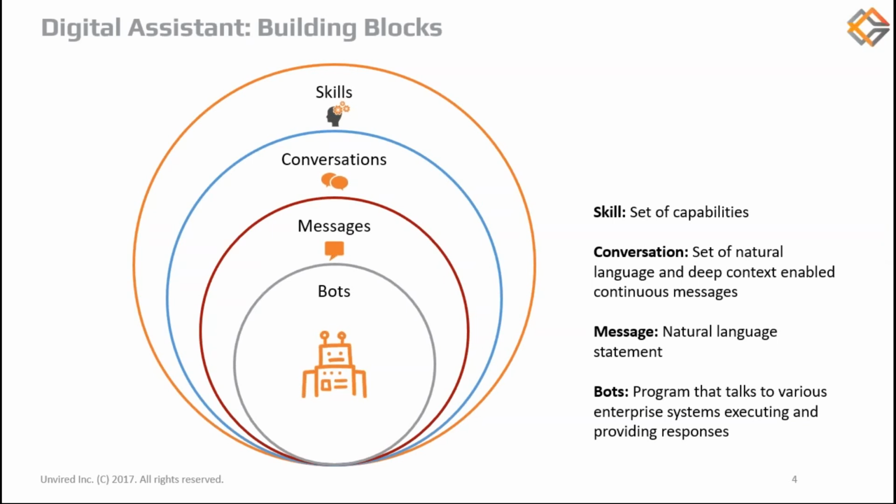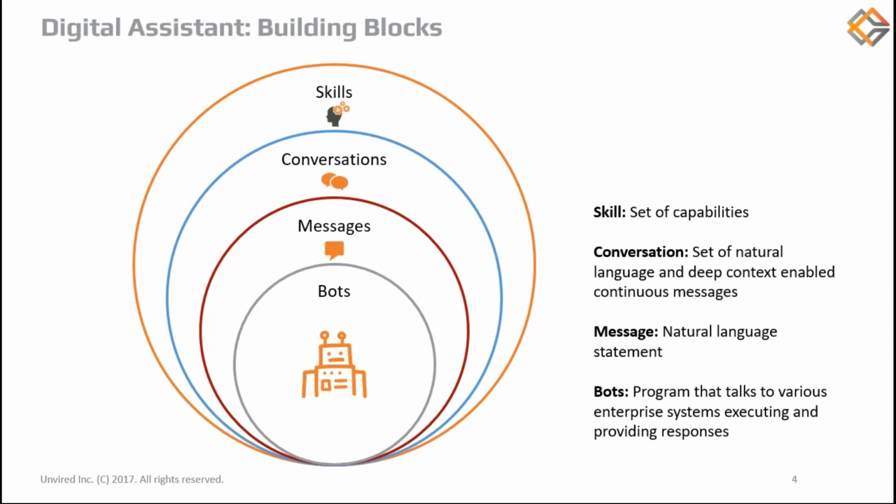A digital assistant is a set of capabilities, it's a set of skills. Each skill could be pertaining to a specific task in a business area. It could be in a customer service like returning an order, or it could be in an enterprise scenario where you could be asking for a password change or an address change. So it's a set of skills.